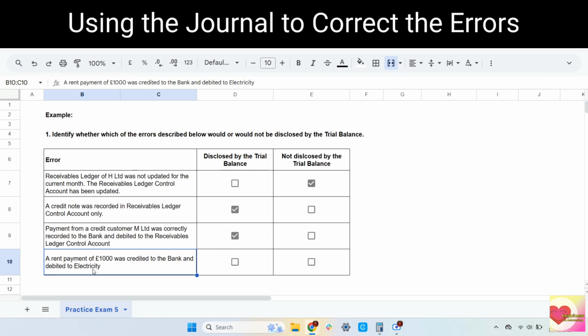This is an example of error of commission, wherein rent and electricity are of the same type of account, which is an expense account. Since the amount that we have recorded in credit is equal to the amount that we have recorded in debit, even though it's in the wrong account, the trial balance will still balance, so this error will not be disclosed by the trial balance.